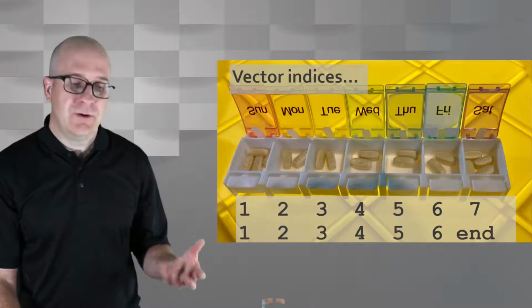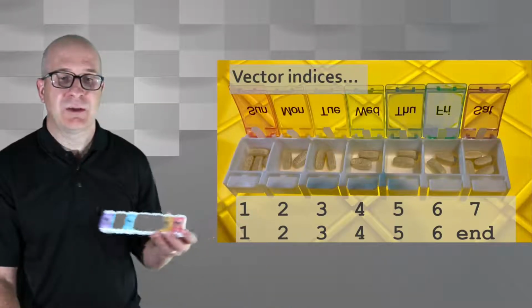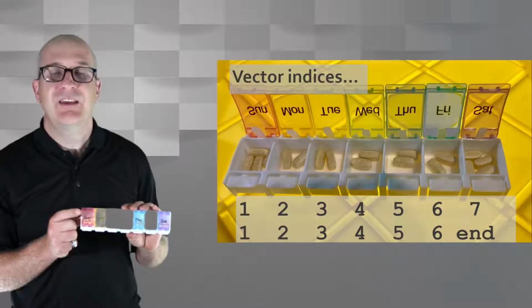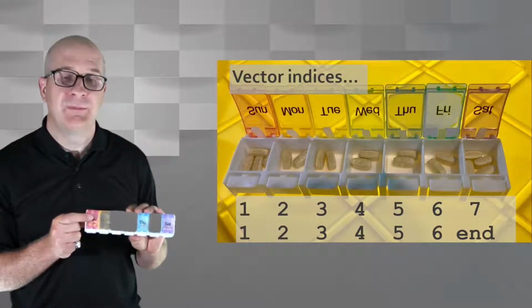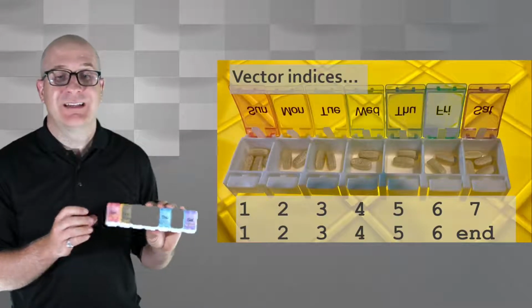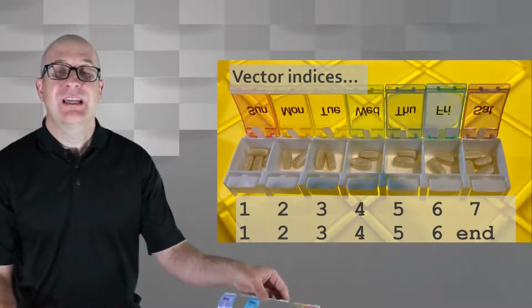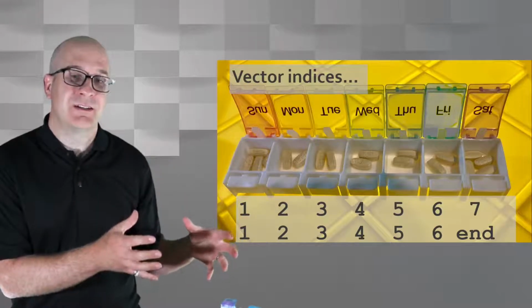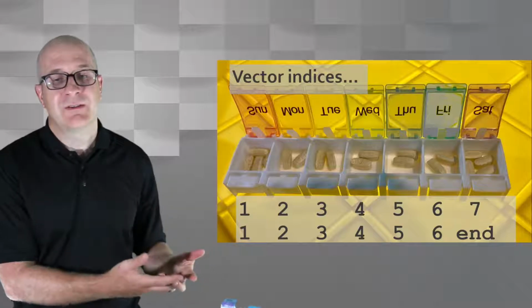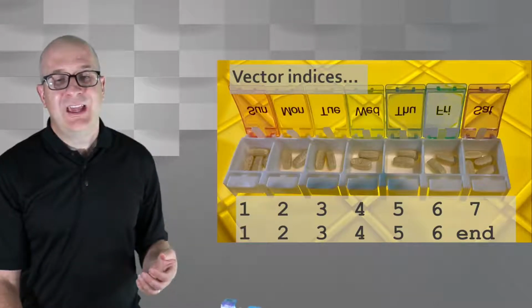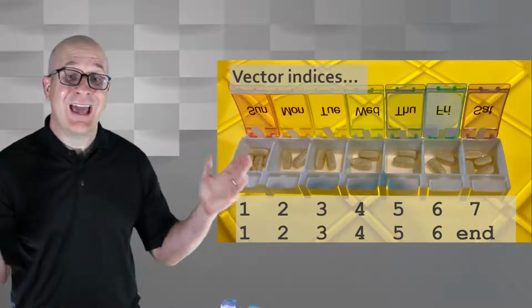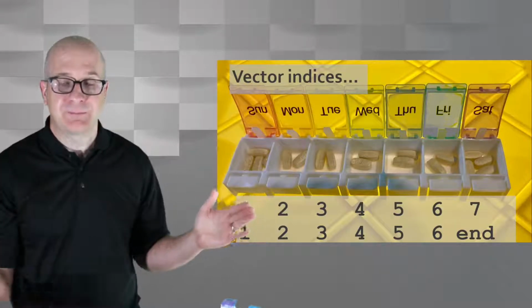So the first entry in this pillbox, this Sunday entry over here, is actually entry number 1, or element 1 of the vector. The second entry is the second entry of the vector. The third, which is Tuesday, is the third entry of the vector. And in this case, there are 7 total entries, or the vector has a length of 7.